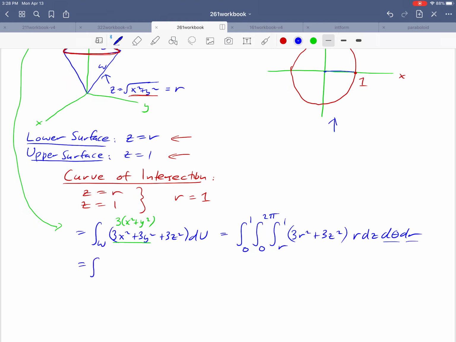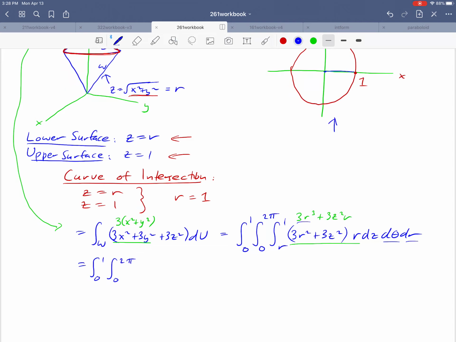All right, so let's take this in stages. Maybe just to make this a little bit easier, before we do any integration, we could take that r and multiply it through. That's going to give us a 3r cubed plus a 3z squared r. Okay, and we want to integrate that with respect to z.